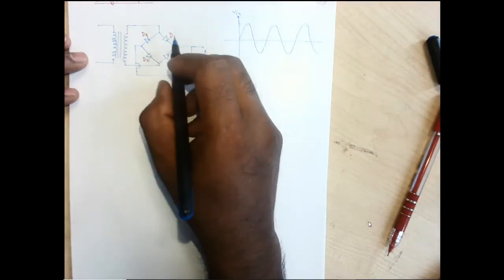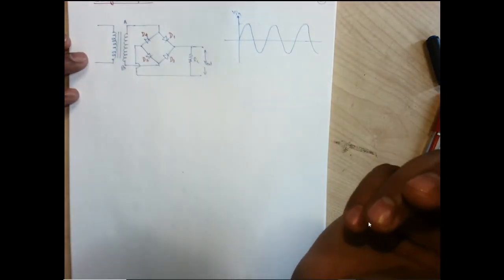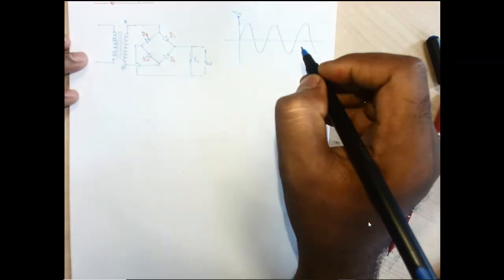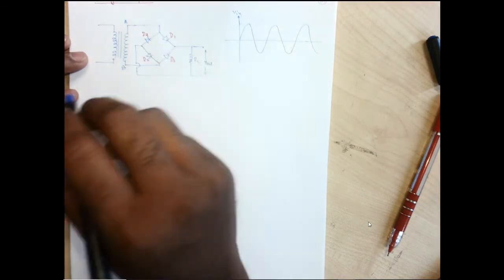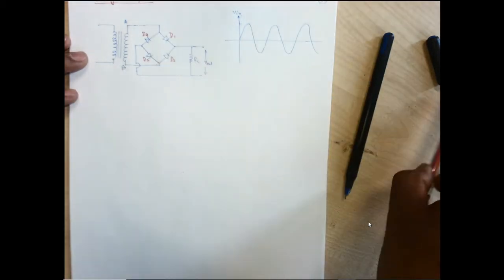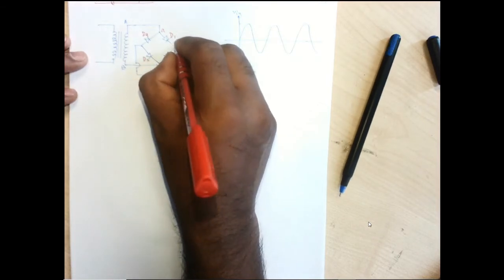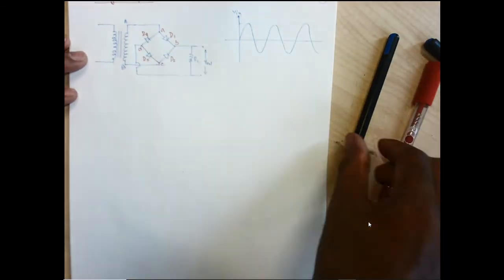So let us consider this A and B. This A point is positive for this positive half. So if this A point is positive, this point is also positive. Let us name this node A, this B, this node C, this node D.